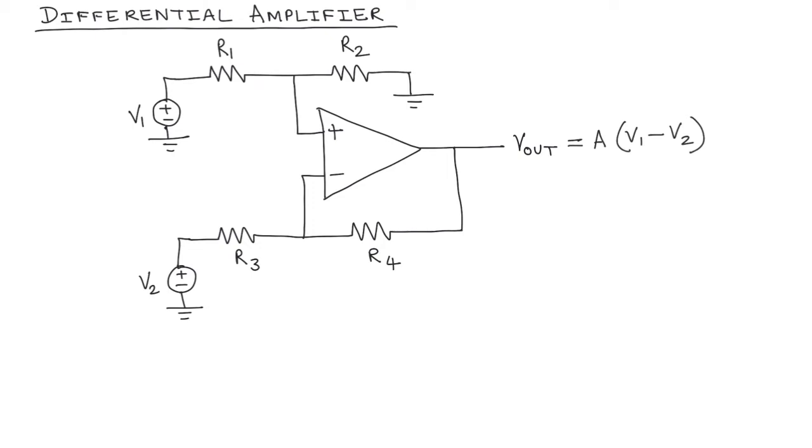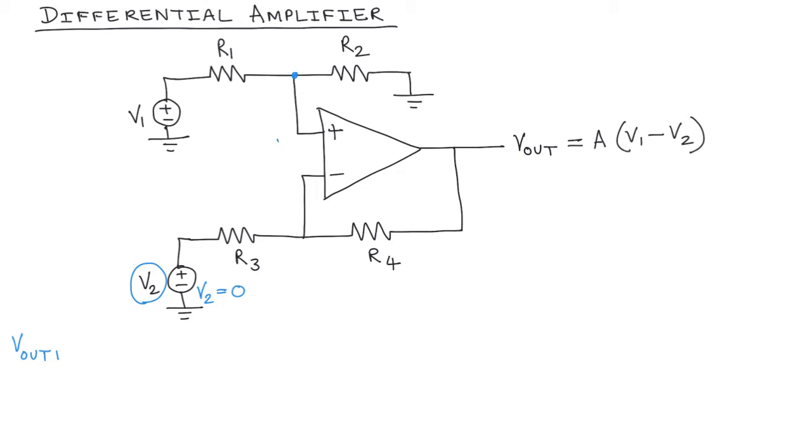So first of all, let's assume that V2, this input, is equal to 0. Now let's calculate the output because of V1, and let's call it V out 1. What is the voltage at this point?